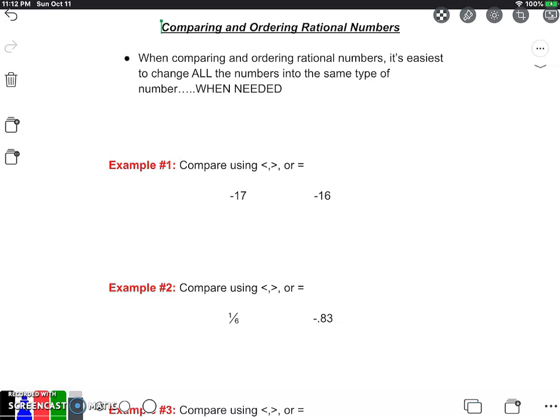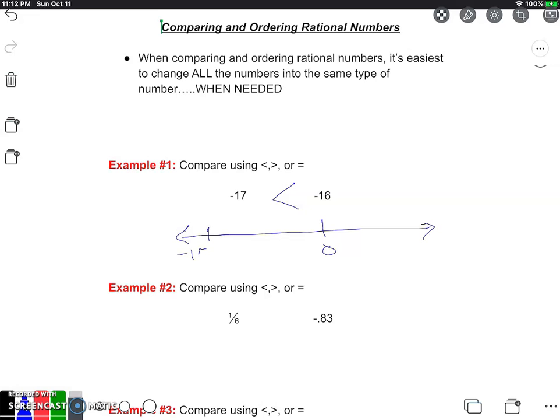Remember, the bigger the negative number is, the smaller it is. And remember, the mouth opens up at the bigger number. In this particular case, negative 16 is the bigger number, because if I draw my number line, and zero is right there, I draw an arrow, because the number line keeps going.